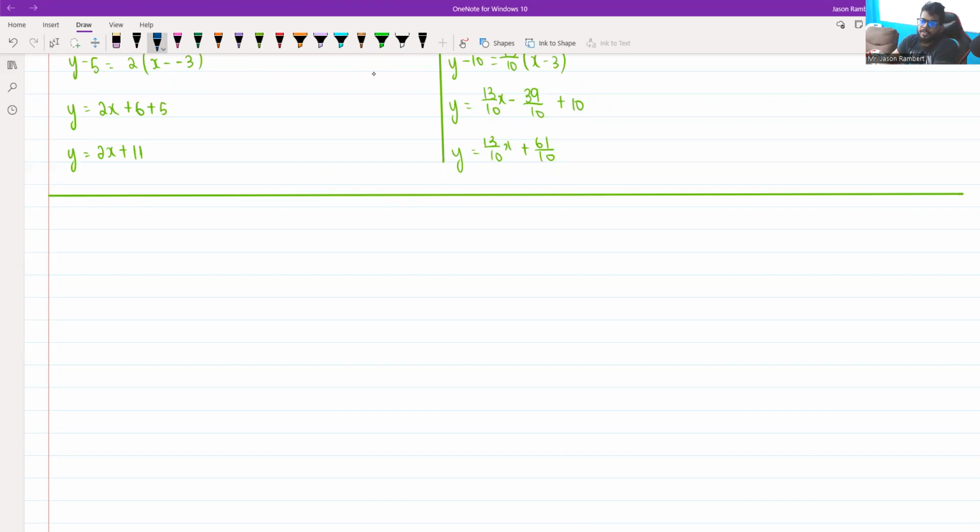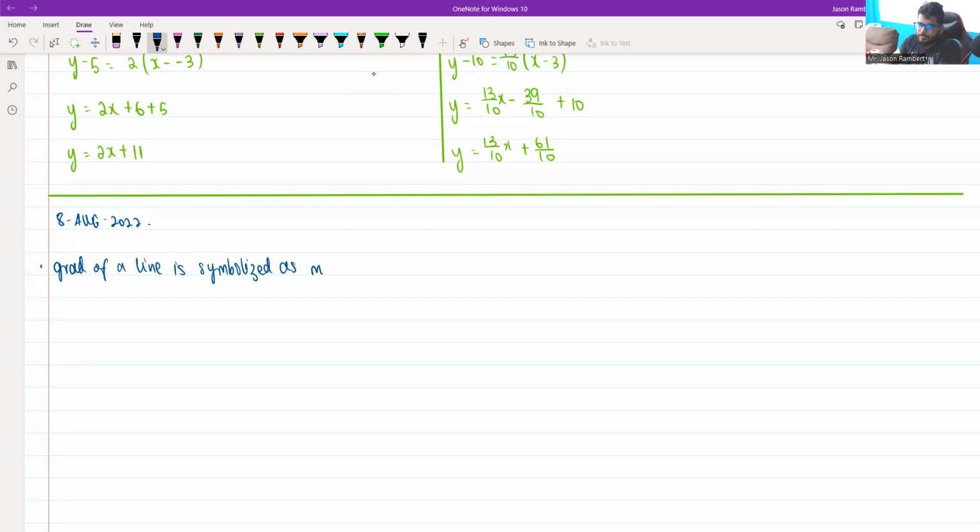We just now established that the gradient of a line is symbolized as a lowercase m.